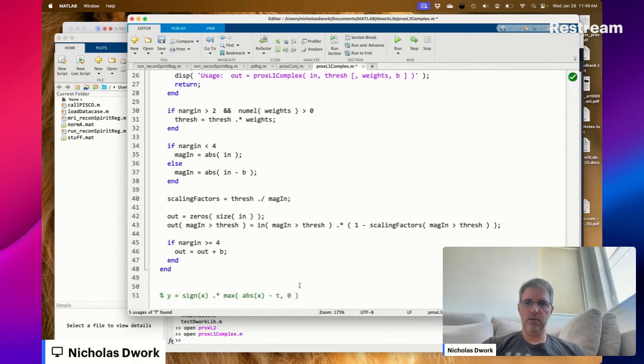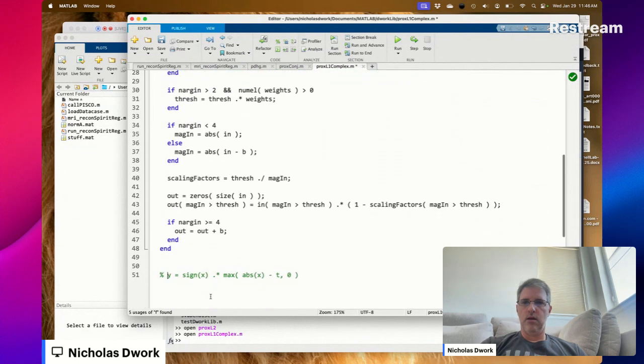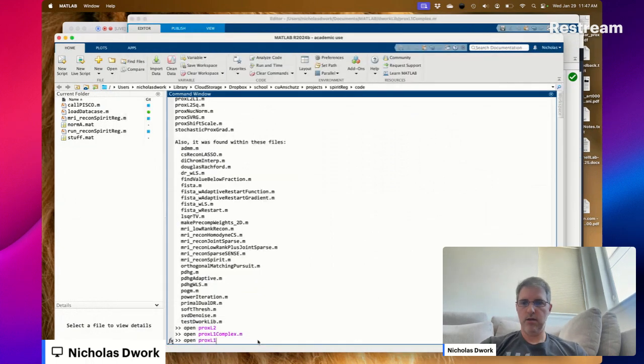This is the pseudocode from the document I've got. Absolute minus max of absolute. So prox L1.